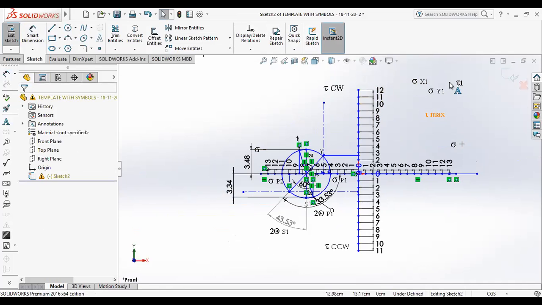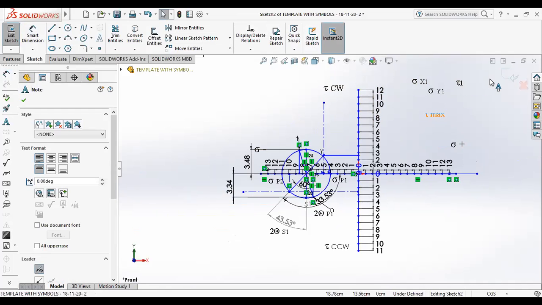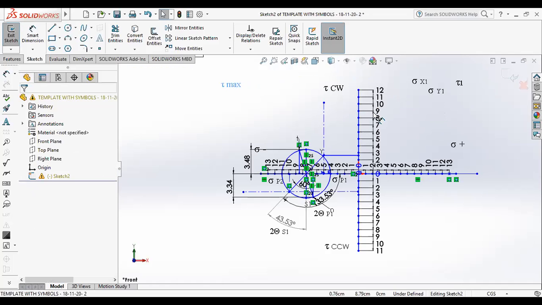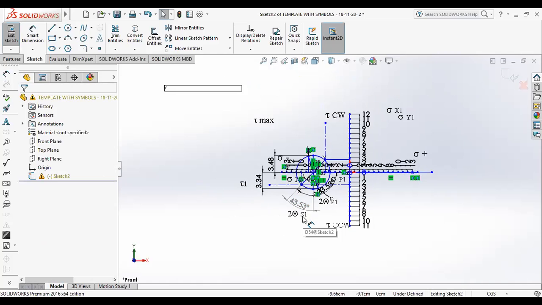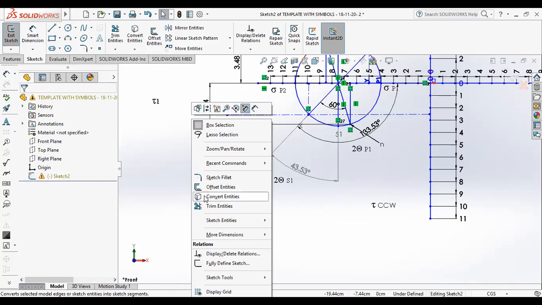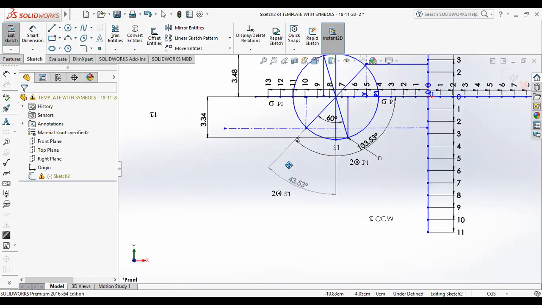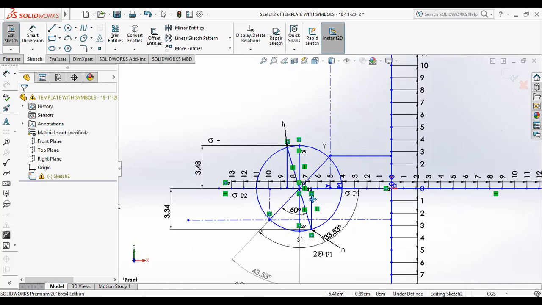This is my tau 1 or tau dash, and this point, from the origin, is around 66 MPa, which is sigma x dash. Around 85 MPa is sigma y dash, and tau dash is 33.4 MPa.